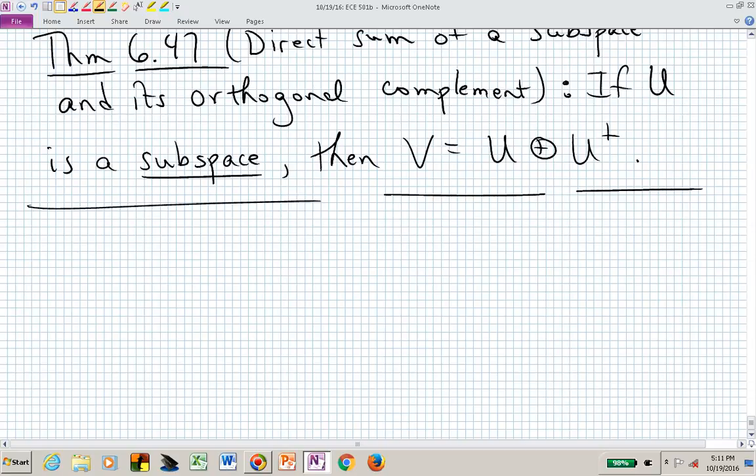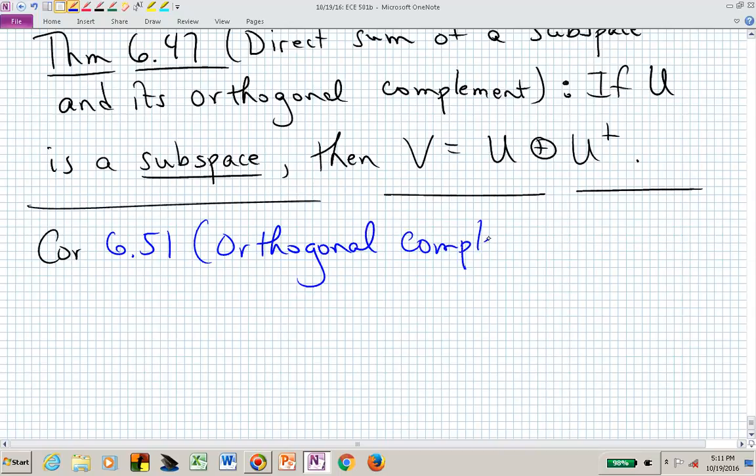And now we can state a corollary of that, which is corollary 50, and that's talking about the orthogonal complement of the orthogonal complement. Chase my tail. So now I'm taking the orthogonal complement of the orthogonal complement.